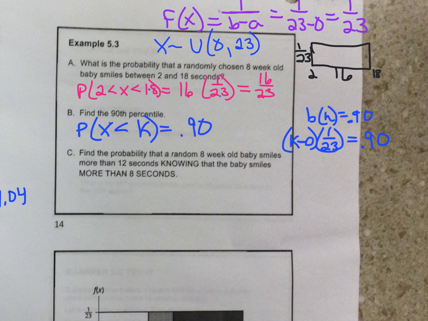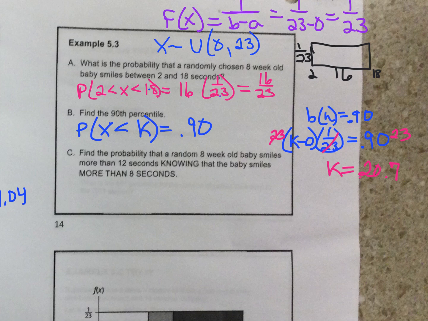Multiply each side by 23, and I get K equals 20.7. So the 90th percentile would be 20.7 seconds.